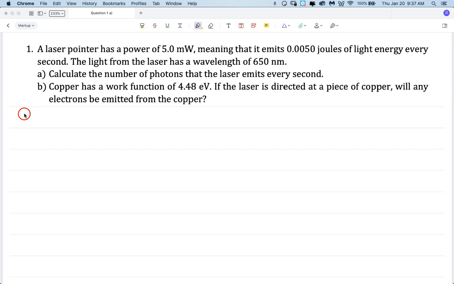You might have found that there isn't really a question like this in the textbook, because I made this question up. I quite like it because it gets to the heart of what photons actually are. So we're told that our laser emits 0.005 joules of light energy every second, and we're asked to calculate the number of photons the laser emits every second.